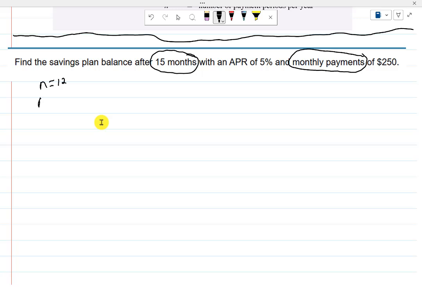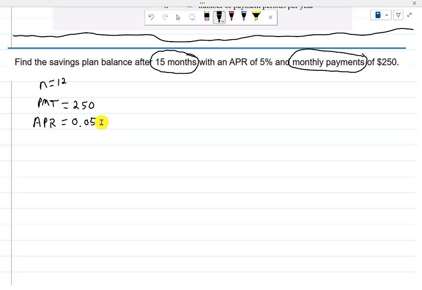Okay, the PMT, that's going to equal 250. APR, that's 0.05. And how long is 15 months? Well, in terms of years, 15 months is 1 year and 3 months.